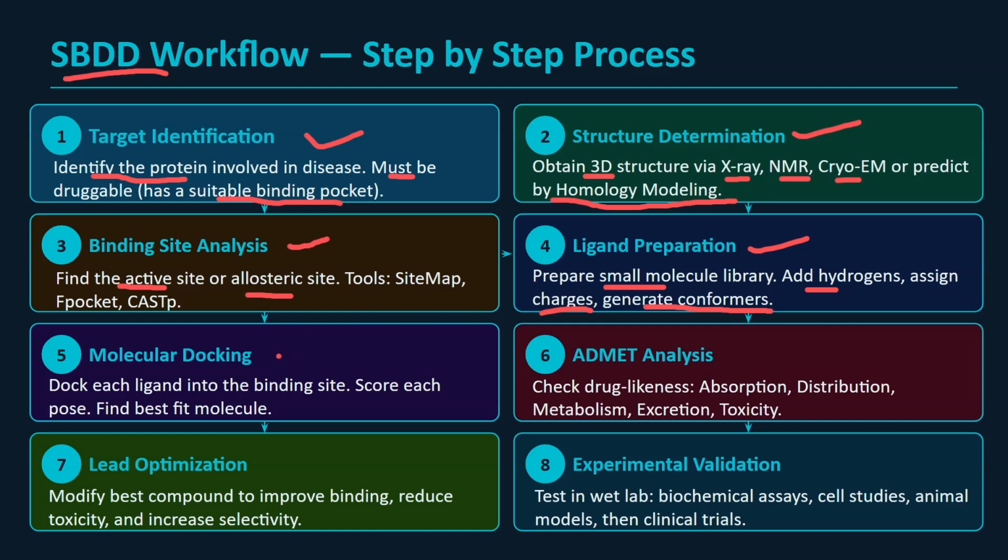Next step is the molecular docking. This is one of the most important steps where we dock each small molecule into the binding site and score each pose to identify the best fit molecule.